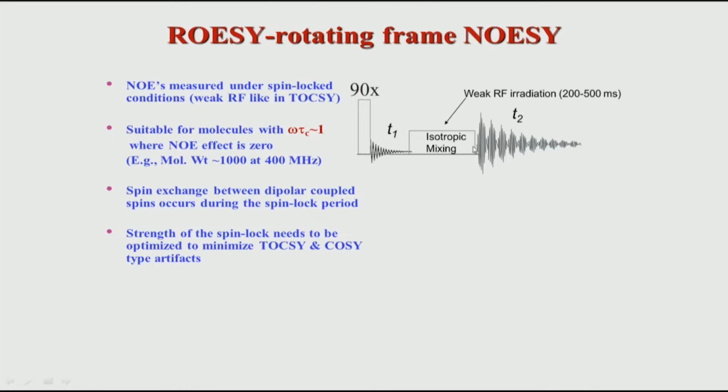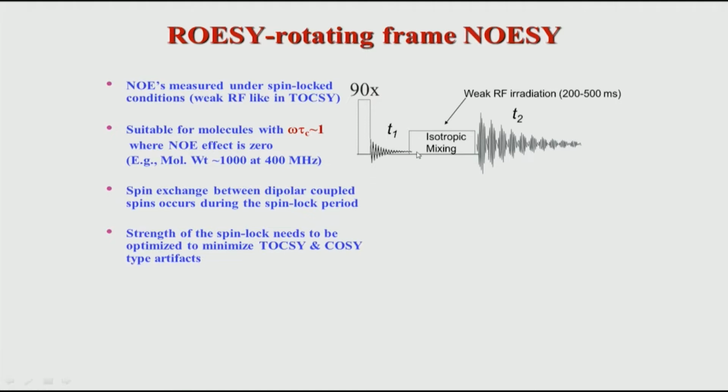After that interaction is over, the second spin, which has got the magnetization from the first spin, starts moving, and that gives a second spin chemical shift. So, the two spins are correlated to each other in this manner.